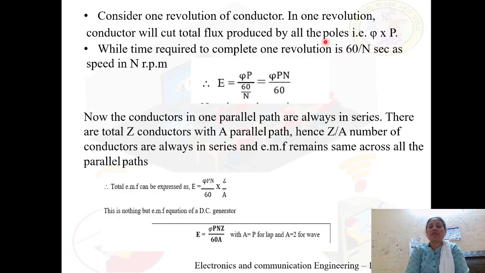Hence, the total flux cut will be phi into the number of poles, phi into P. I repeat, when we consider one complete revolution, the total flux cut by all the poles can be taken as phi into P.